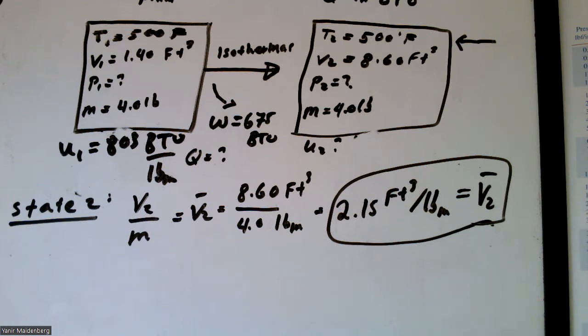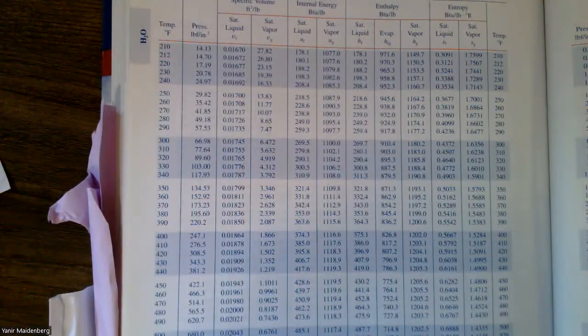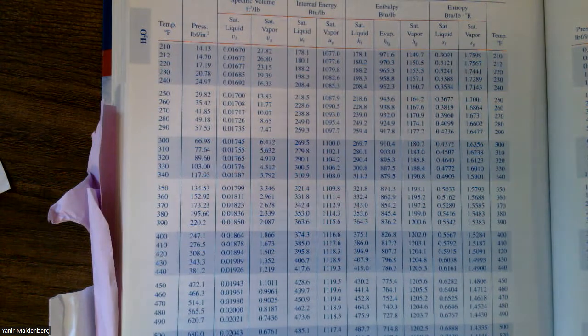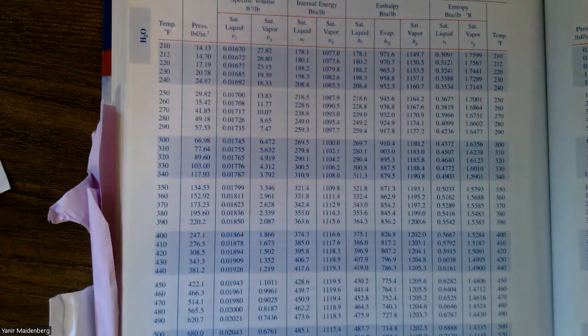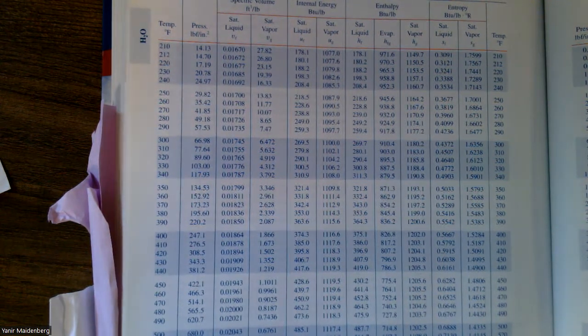Okay, again, onto the water table. My goal is to find if V bar, 2.15, lies between the saturated liquid and the gas. It's at 500, again isothermal, the same exact page. At 500, I was at 0.02043 and 0.6761. So it's not between them, because I'm at 2.15. I'm higher.